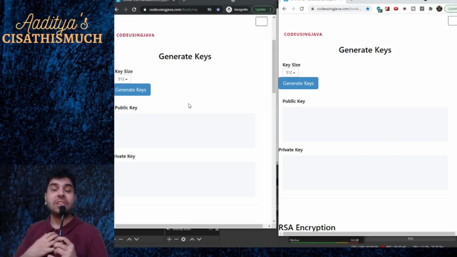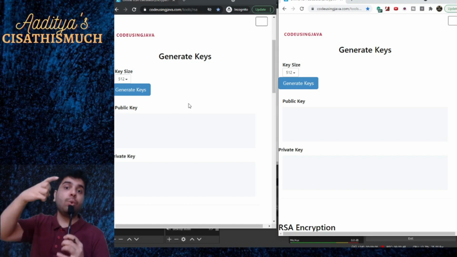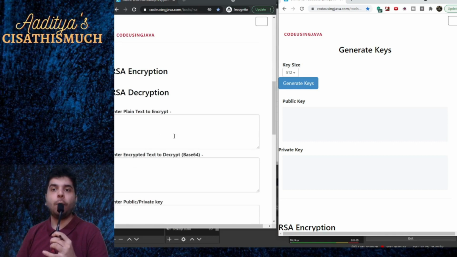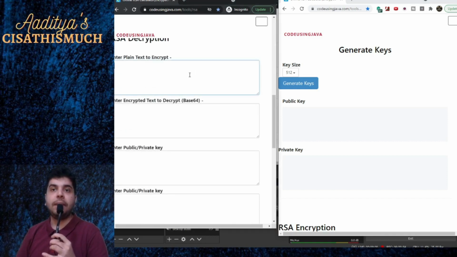All right, so basically I am supposed to convert the plain text into ciphertext. So now I am going over here and I am typing enter plain text. All right, let me zoom in. Just wait a second, let me zoom in.